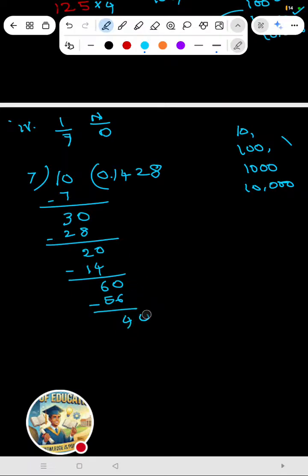Now again take 0. 7 4s are 28, 7 5s are 35. 40 minus 35, how much are you getting? 5. Next, take one more 0. So next 7 7s are 49. If you do 50 minus 49, you are getting 1.